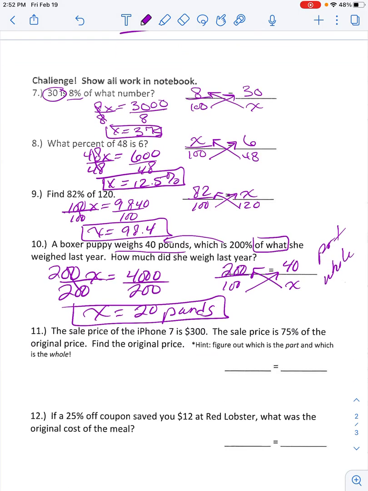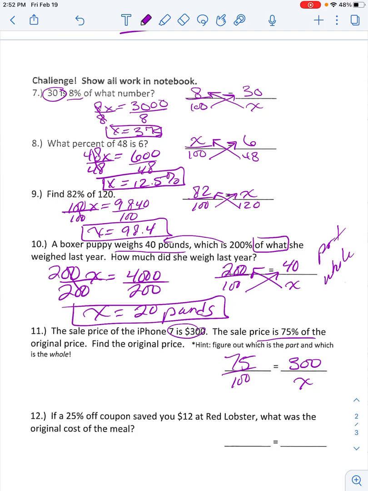Okay. All right, 11. The sale price of the iPhone 7 is $300. 300 goes on top. That's 75% off the original price. 75% goes over 100. Find the original price.